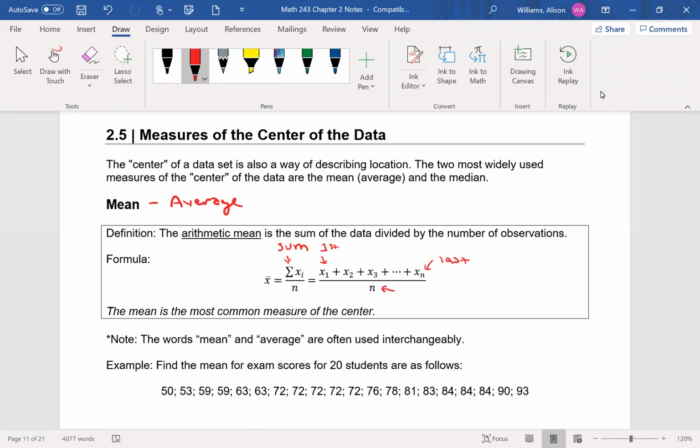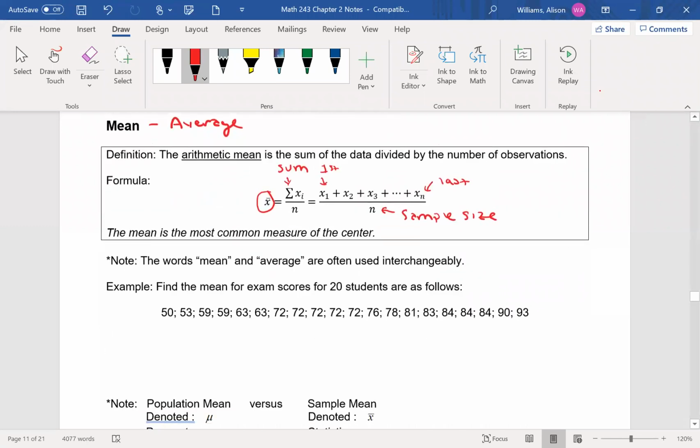We've also used n to represent our sample size. Now this symbol, the x with the bar over it, that is x bar, and it represents the arithmetic mean for a sample.